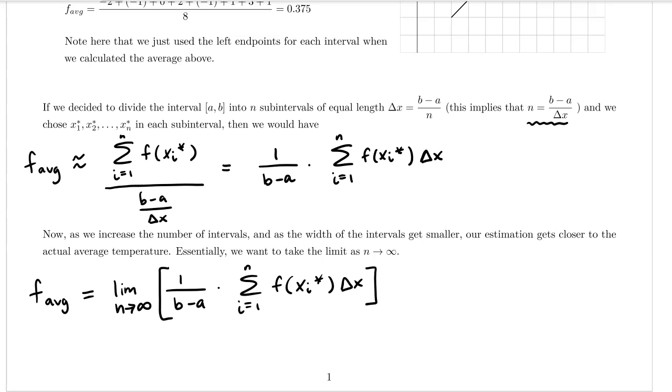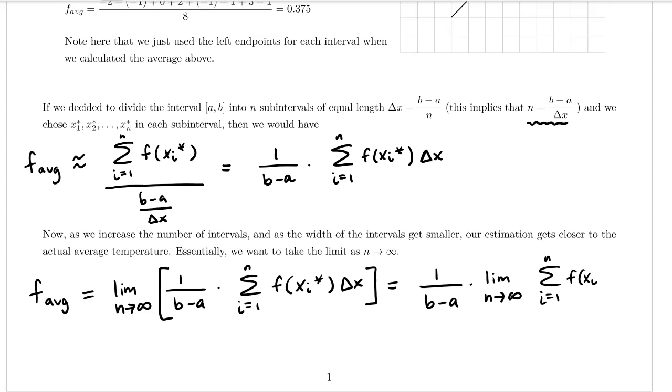Now, with respect to the limit, 1 over b minus a is a constant. So I can factor out 1 over b minus a outside of the limit. And then now we have the limit of the summation.